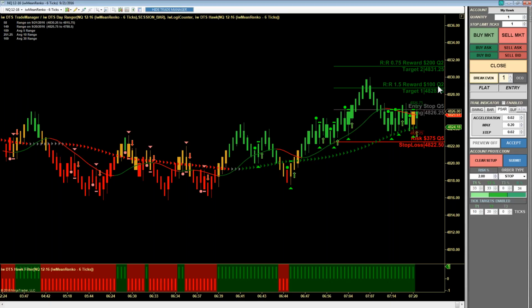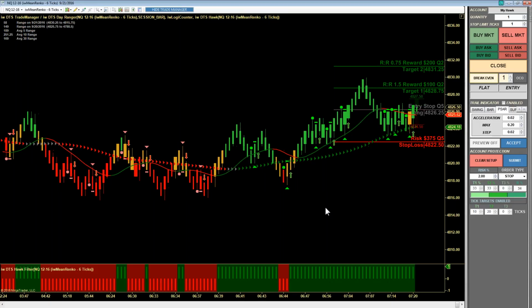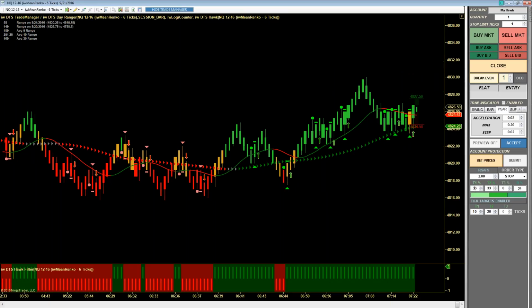Target 1, I take 2. Target 2, I take 2. And that leaves 1 on as a runner. So you can do that as well. No, it's very versatile software. And like I say, you can change this on the fly as well if you get into a trade.